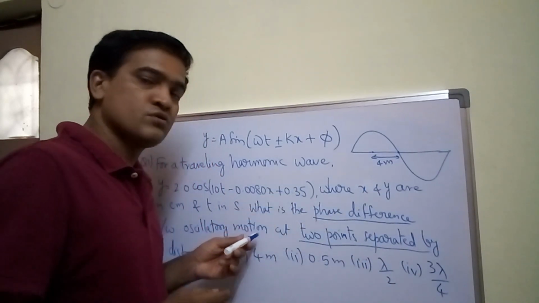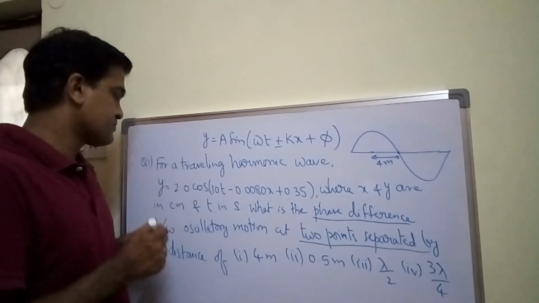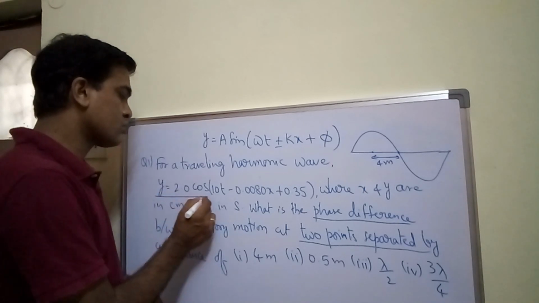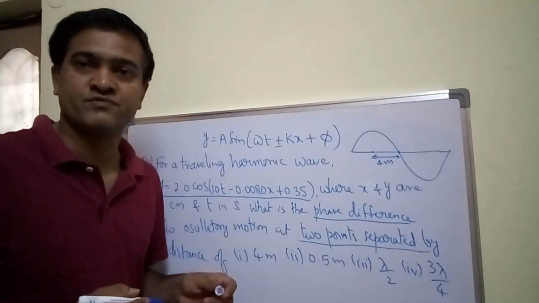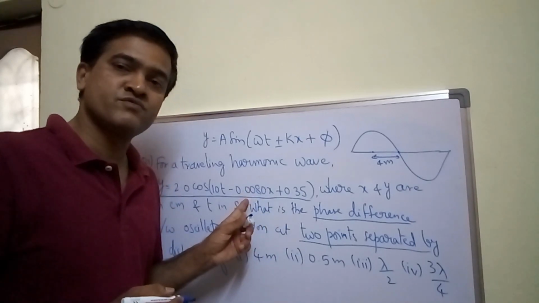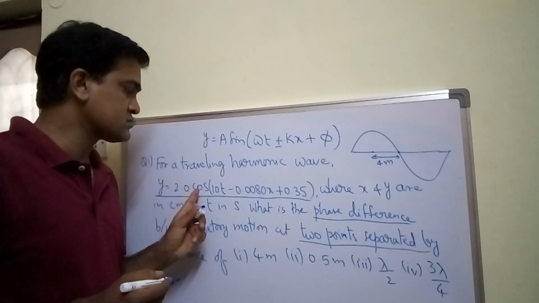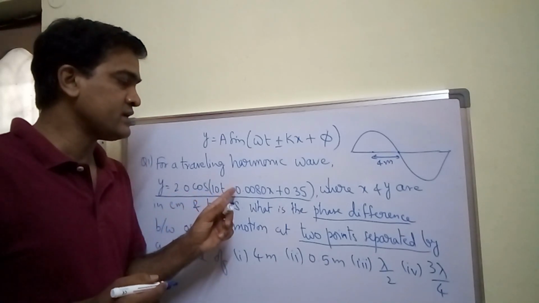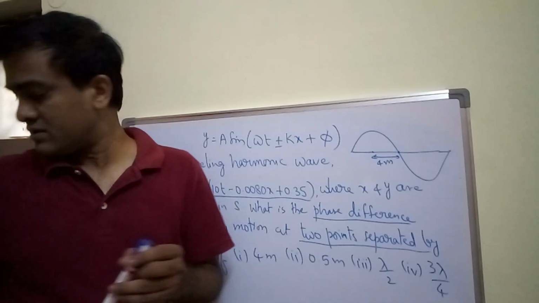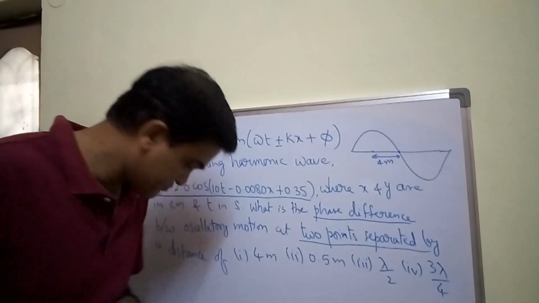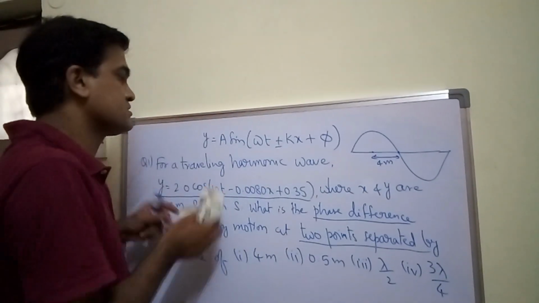Okay, fine. So now let's read this question again. He has given this equation: y is equal to 2 cos(10t minus 0.008x plus 0.35). Just compare this equation with y is equal to a cos(omega t minus kx plus phi). Let me erase this.